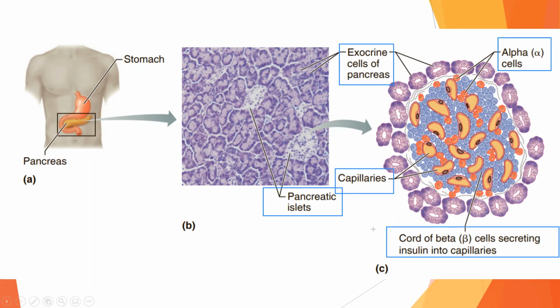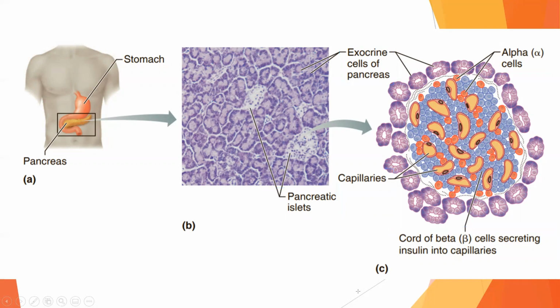Let's move on to discuss the hormones being produced by your pancreas. Your pancreas is primarily involved in regulation of blood glucose level. It is responsible for raising or lowering blood glucose level depending on the body's need to maintain homeostasis.